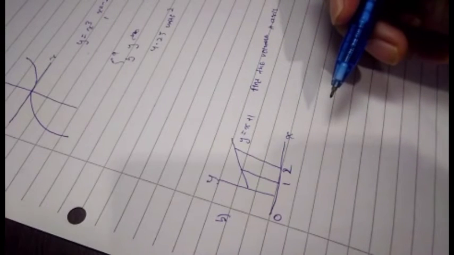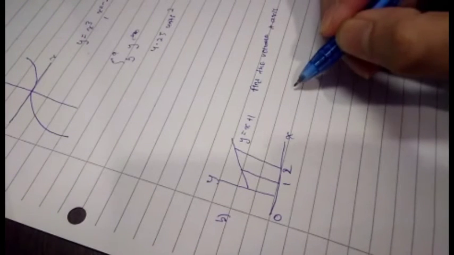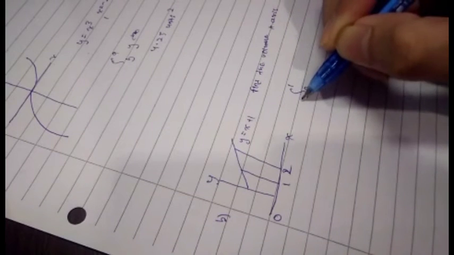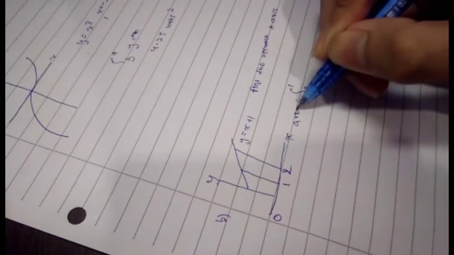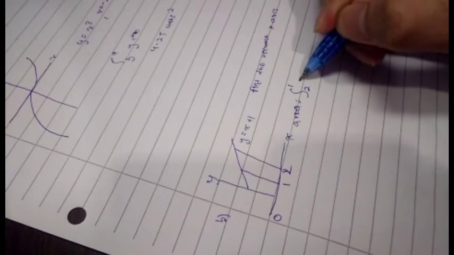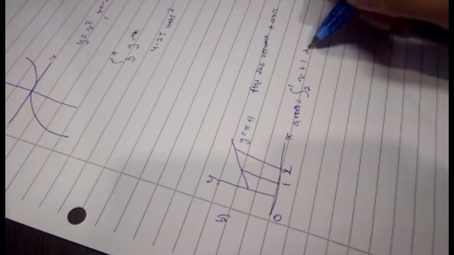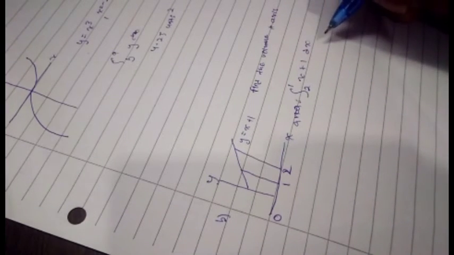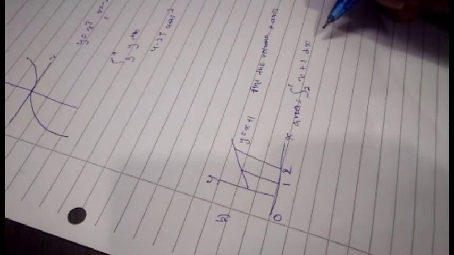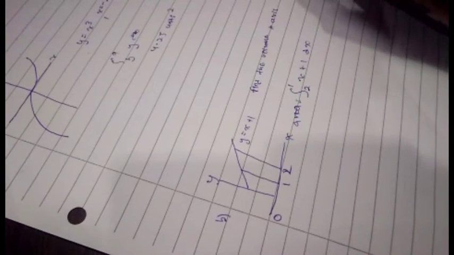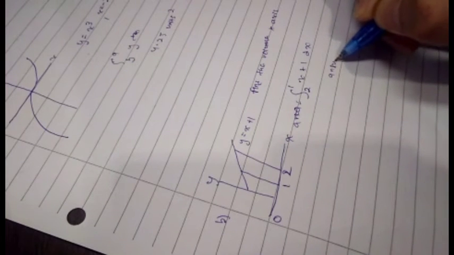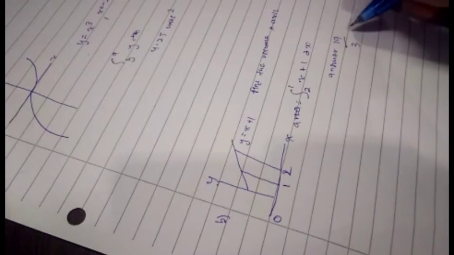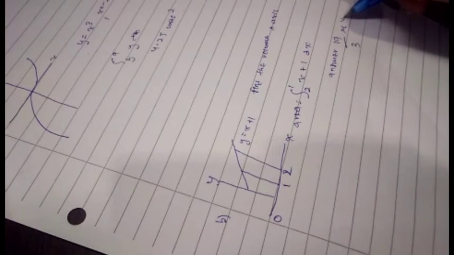Firstly, we put x plus 1 into the formula. Lastly, we calculate and comment on this question. The answer is 19 over 3 unit cubed.